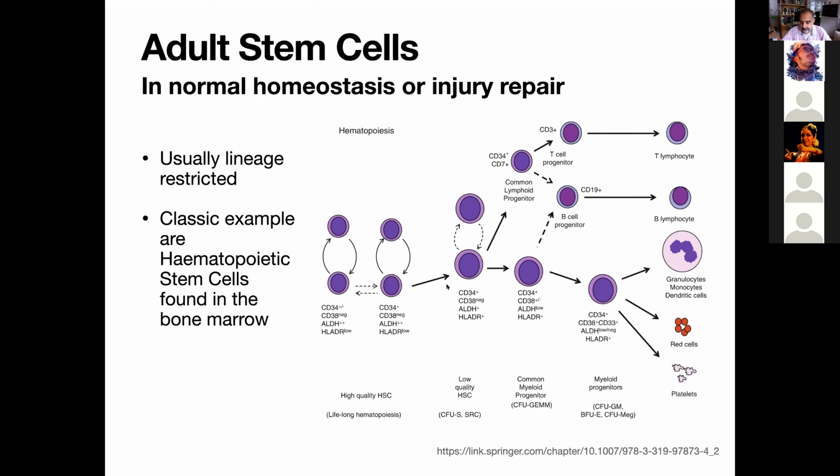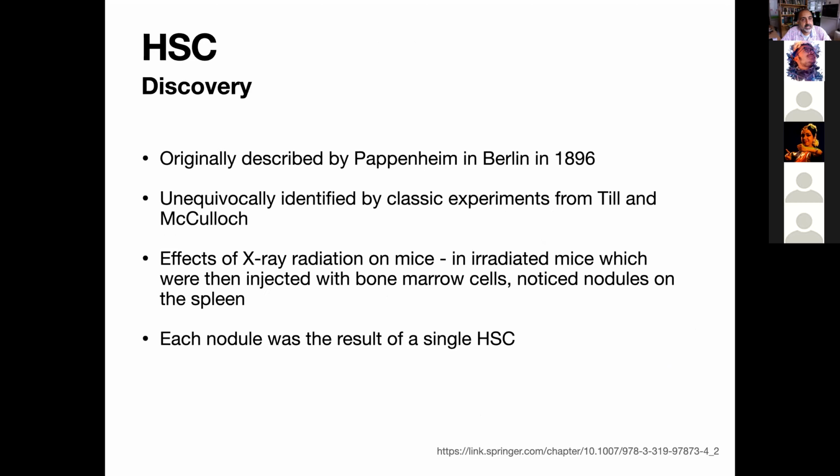This was figured out by Till and McCulloch in the 60s, but the hematopoietic stem cell, HSC, was originally described over 100 years ago by Pappenheim in Berlin in 1896. This was purely by observation.